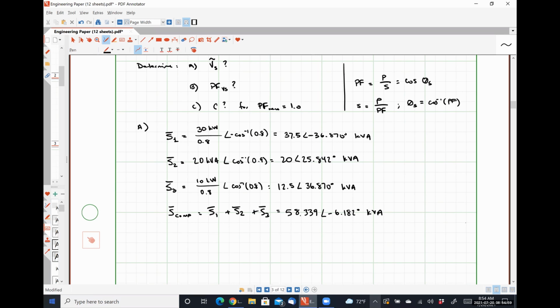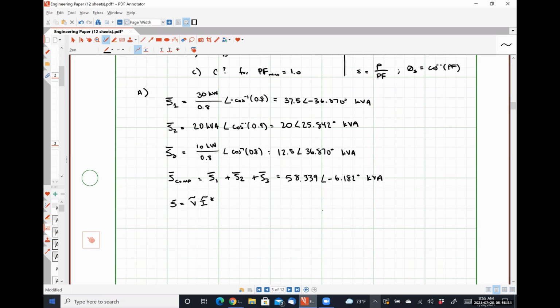So now that I know the total amount of complex power absorbed by those three loads, how do I go about solving for my current? Yeah, so S is equal to V, which we know, times I conjugate, which we're trying to figure out.